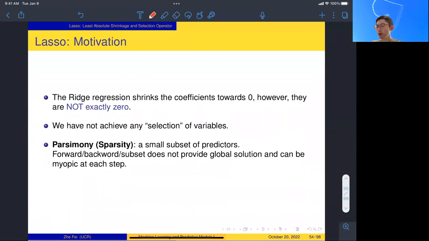However, we want to achieve something called sparsity, the parsimony of our model. This means that we only want to select a small subset of predictors, meaning that for some of the beta j's, we would have beta j hat not equal to 0.